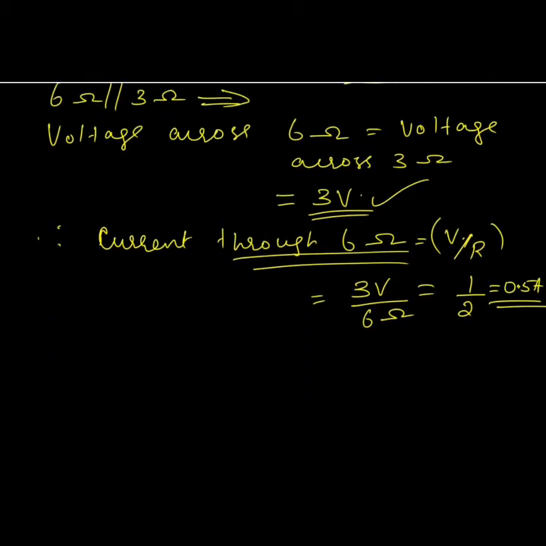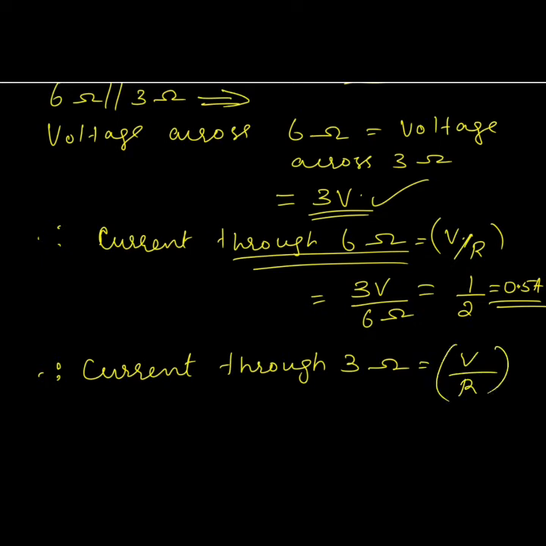Okay, now next is to find the current through 3 ohm. So how will you find it? There also you use Ohm's law. Voltage across 3 ohm is 3 volt itself, and resistance is 3 ohm. So you got it as 1 ampere.